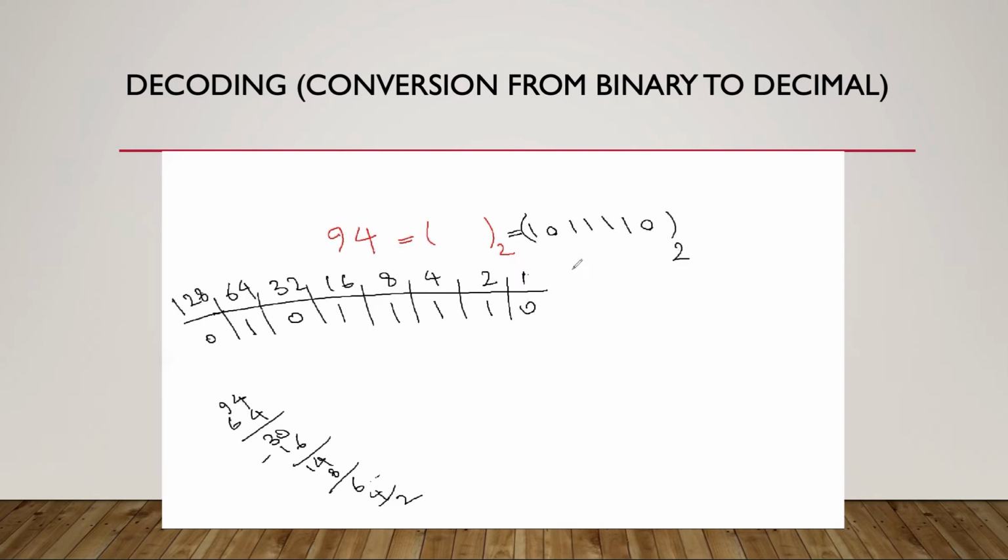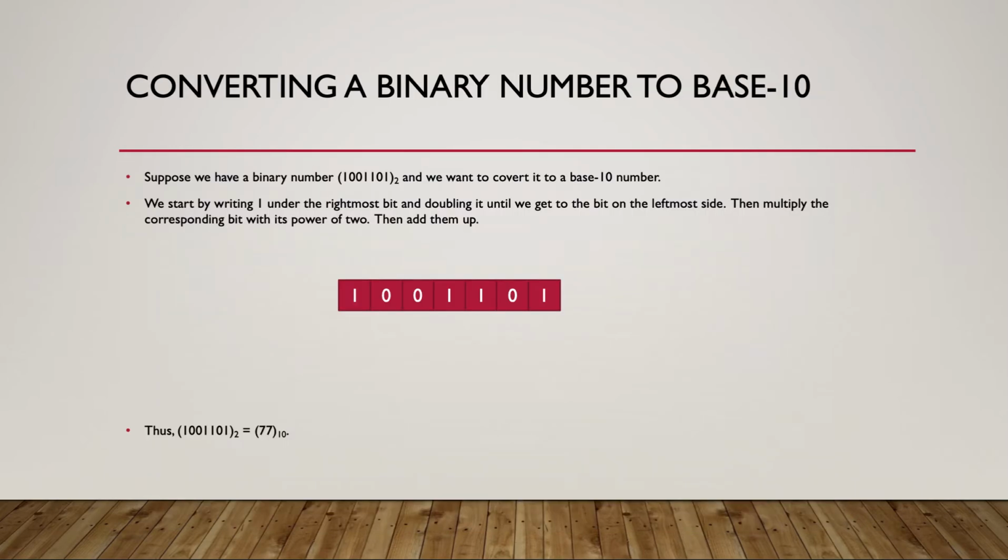So what if I want to do decoding? So that was encoding. This is another example to convert this binary to a decimal.